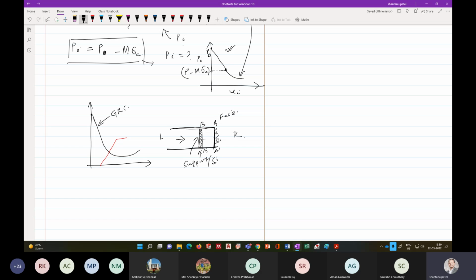Do you think that if we excavated up to this A dash face, and then put a stick here and keep it for a couple of days, some load will come to the stick? Sir, if deformation is not stabilized, then it will come. Yeah, because if there is no deformation, there will be no load on the stick.